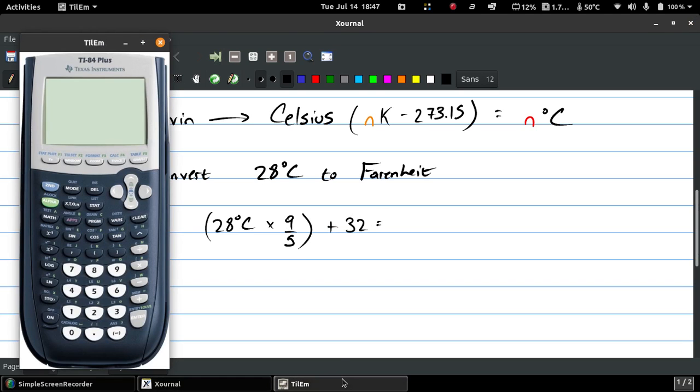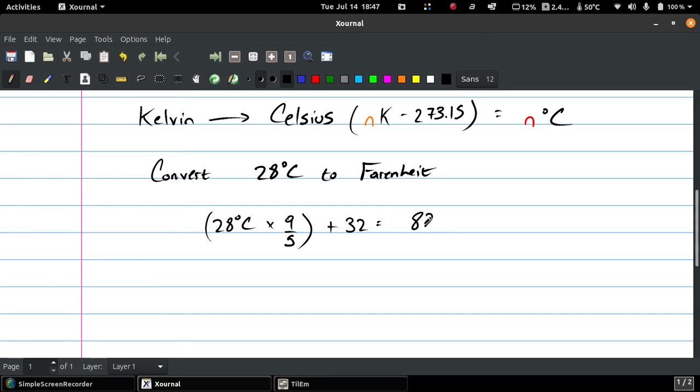Just plug that in the calculator. It's that easy. That's 28 times 9 divided by 5, plus 32, and your answer is going to be 82.4 degrees Fahrenheit.